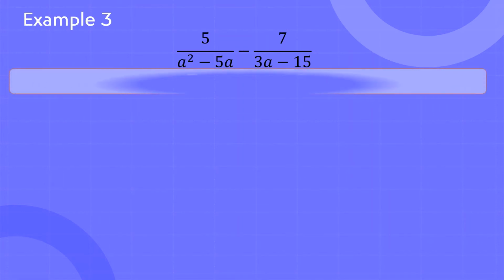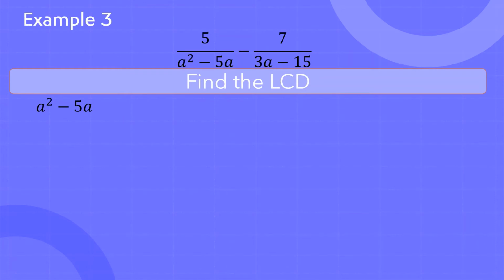Example number 3. 5 over a squared minus 5a minus 7 over 3a minus 15. First, get the LCD. So, kunin natin yung factors ng bawat denominator natin. So, a squared minus 5a can be factored out using common monomial factor, and its GCF is a.